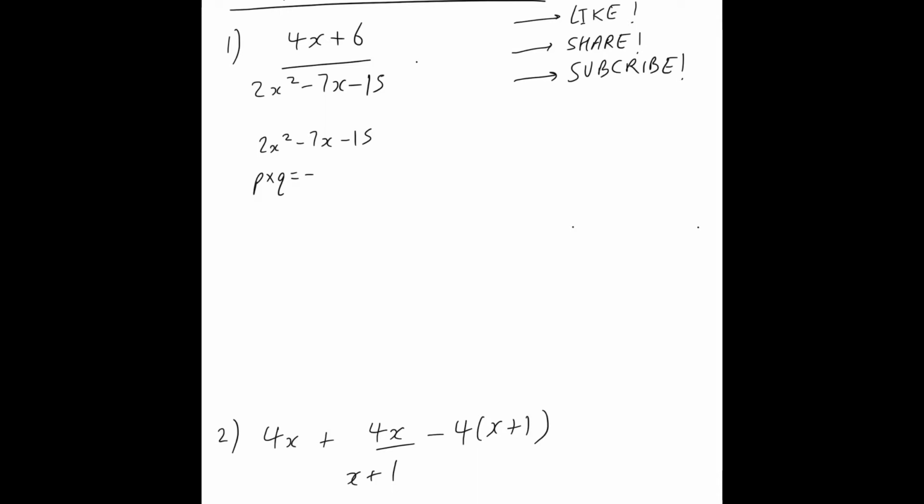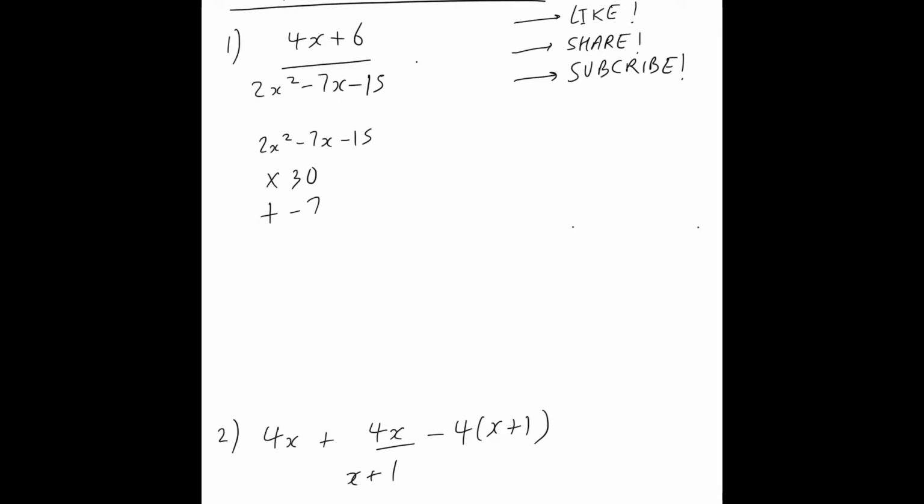So you have 15 times 2. You have to find two numbers that multiply to get 30 and add to get minus 7. If you look at the factors, we have 5 and 6, but that cannot be one of them. We can use 10 and 3.